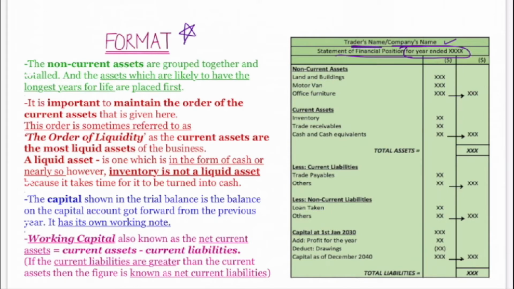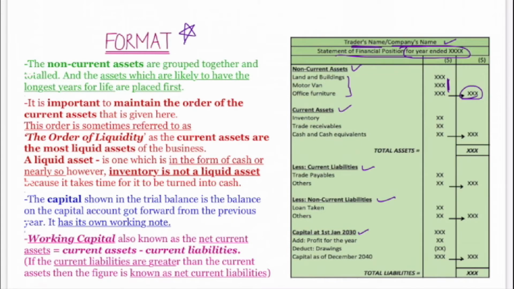Now, as we saw earlier, the financial statement is divided into four parts, that is, non-current assets, current liabilities, non-current liabilities, and capital. This you will see and understand further. So, non-current assets, as we saw earlier, take the examples include land and buildings, motor van, office furniture, equipment, etc. So, you write the amounts in the inner column and then total it out.